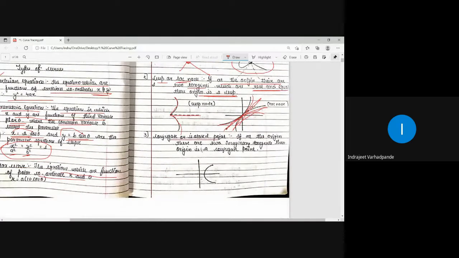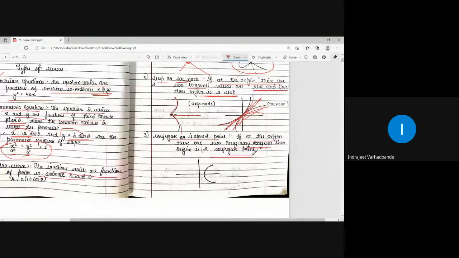Lastly, the conjugate or isolated point. If at the origin there are two imaginary tangents, origin is a conjugate point. Imaginary tangent means the values are not real. That means it is involving the imaginary number i, and therefore which are beyond our purview or imagination.